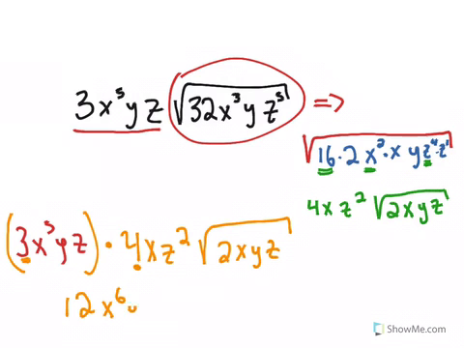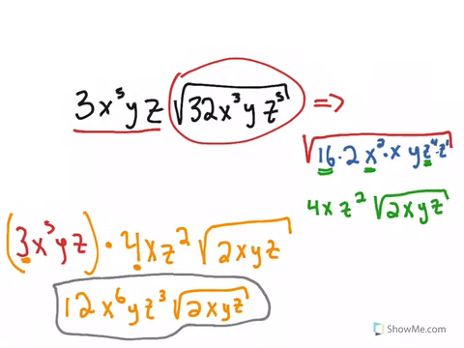Nothing with the y, so I simply carry it. z1 times z squared is z cubed. And my remainders stay inside. And for this example, that will be the answer. So here you have a few examples about simplifying radical expressions.